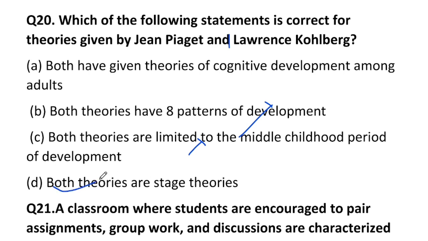Yes, this is the right answer. Jean Piaget has 4 stages: sensorimotor, pre-operational, concrete and formal. And Lawrence Kohlberg has 3 stages: pre-conventional, conventional and post-conventional. So, both theories are stage theories, the right answer.